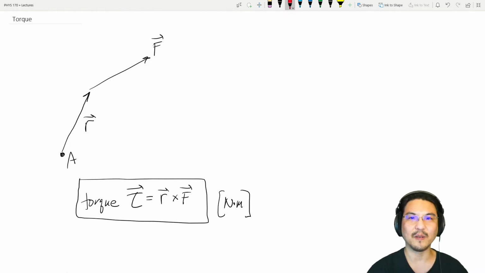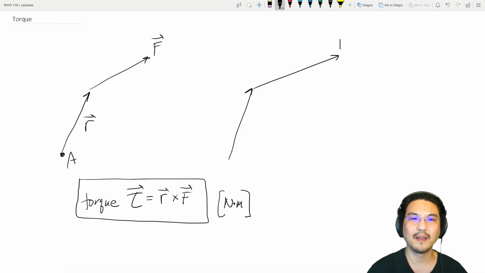Okay, and now let me copy and paste. I'll just draw it again. So let's say you decompose vector R into two components.